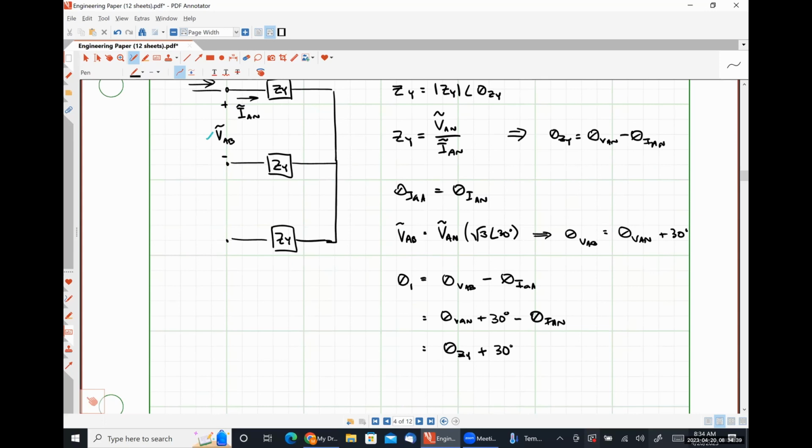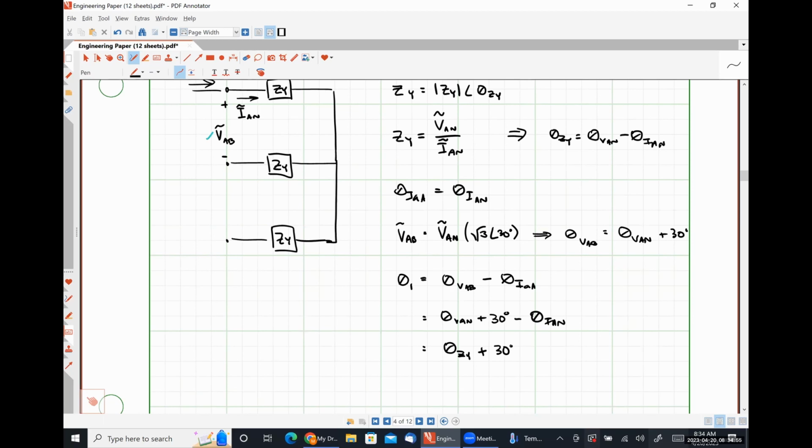So in this Y connected system, theta 1 is just the angle of the impedance plus 30 degrees. And if we did it for this guy down here, it'd be the angle of the impedance minus 30 degrees because we swapped the polarity.